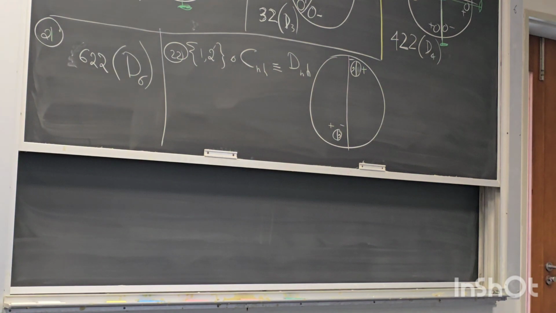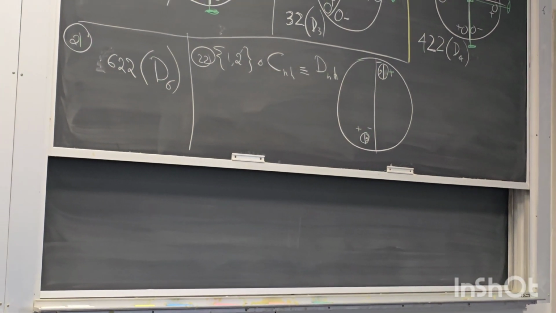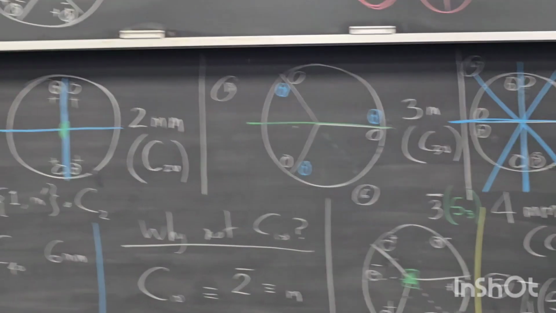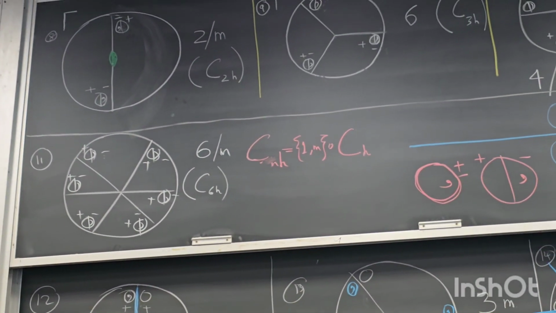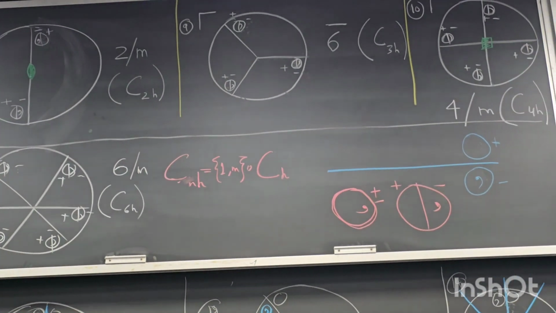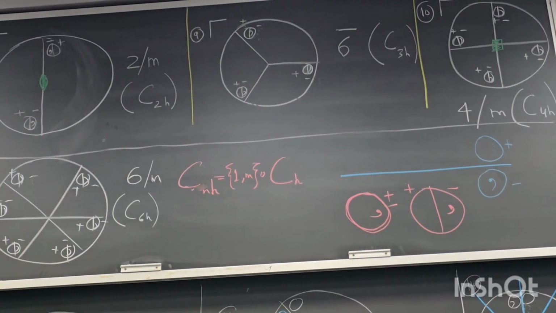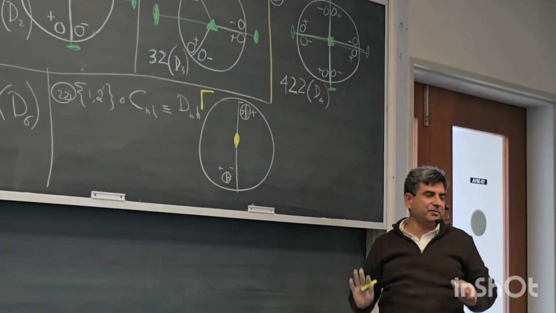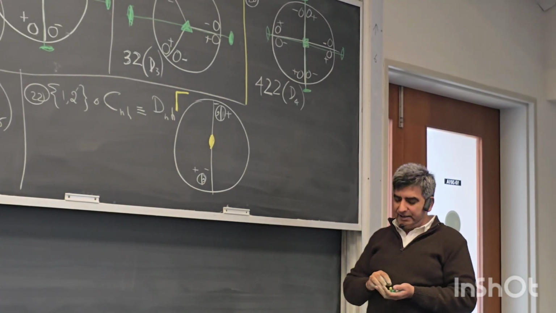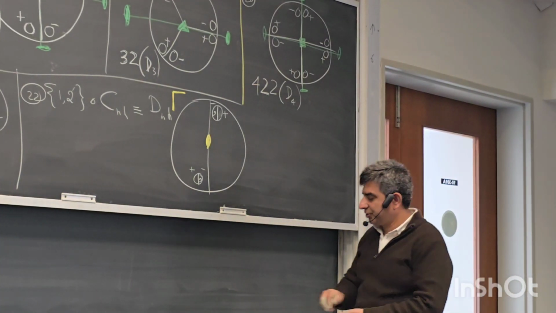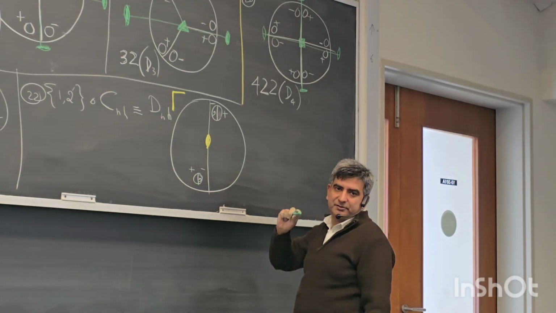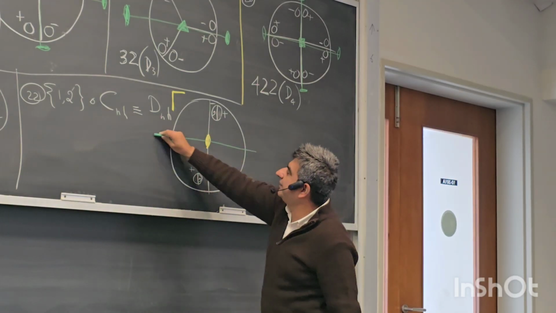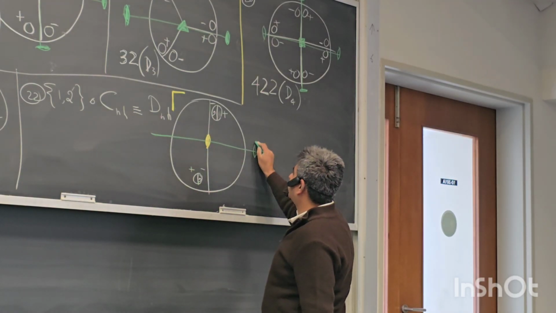C2h over there, or 2/m. So there is a two-fold axis of rotation here, and there is a mirror plane already in the plane. This was simply C2h. Now I want to add another two-fold axis of rotation that is dihedral, which is perpendicular to this axis of rotation. So let's suppose that is this dihedral axis that we're looking for.